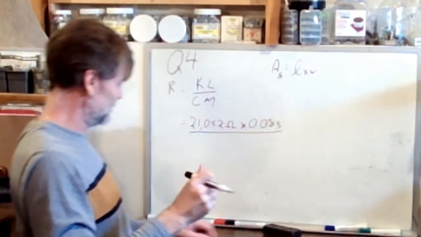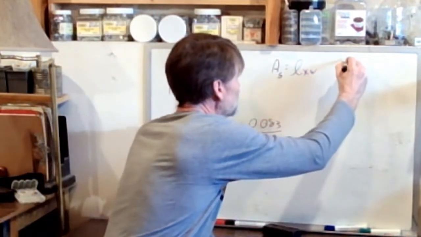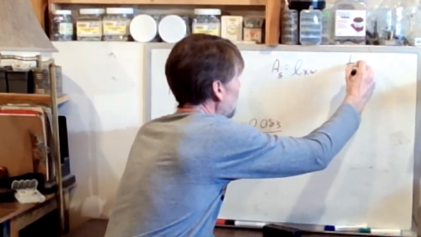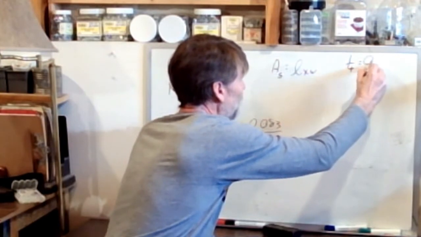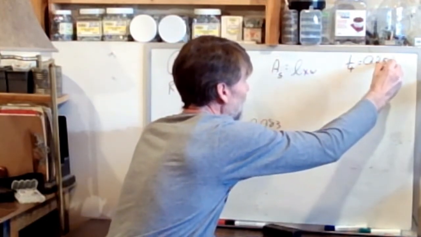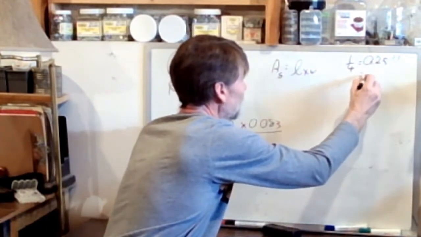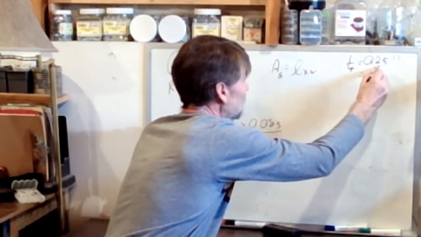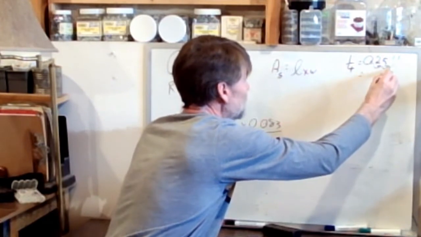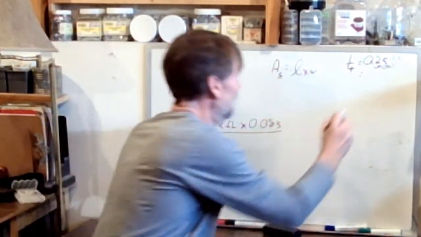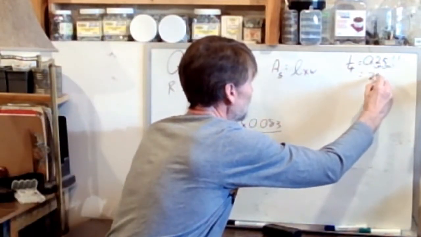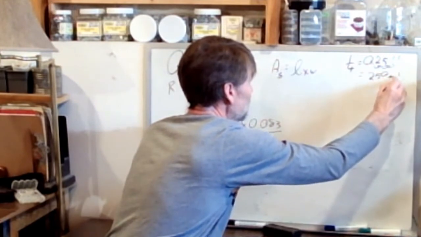Well, we've got some more work to do yet, because the one side measures 1/4 of an inch. 1/4 of an inch equals 0.25 inches, which, once we move the decimal place 3 places to the right, we end up with 250 mils.